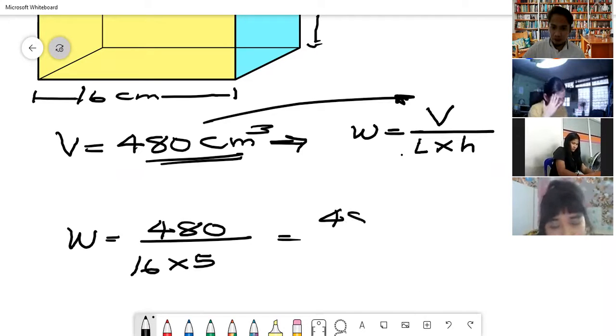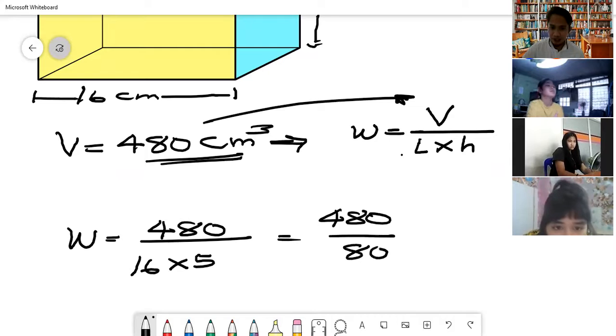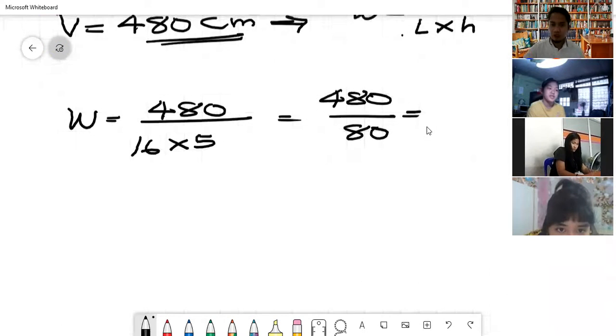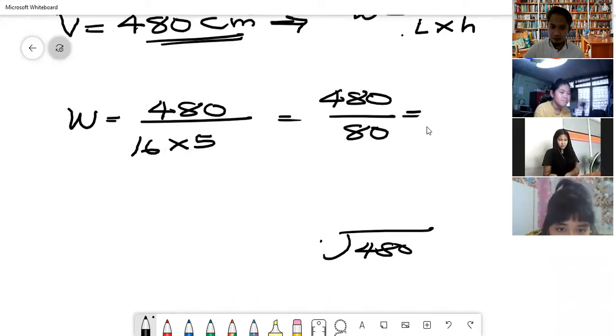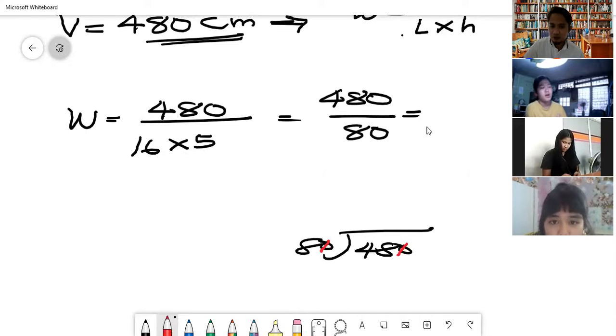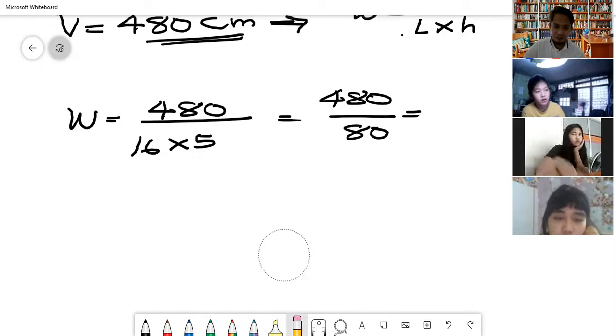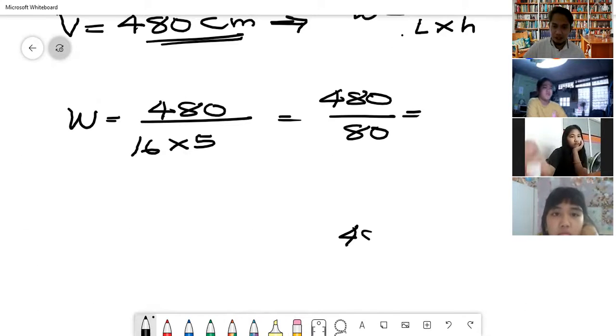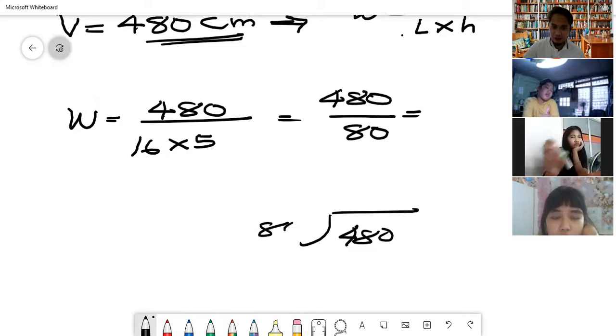Okay, 480 divided by 80. So let's divide. I don't want a calculator. 480 divided by 80, we can remove the 0 and add it later.